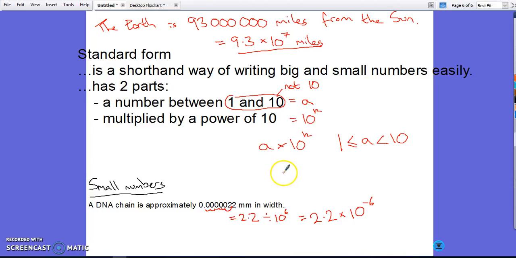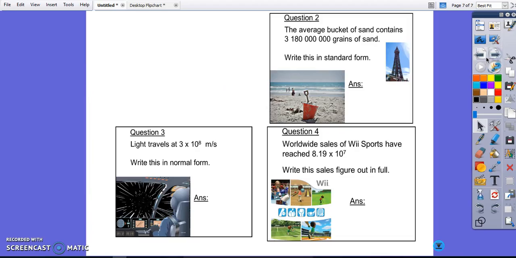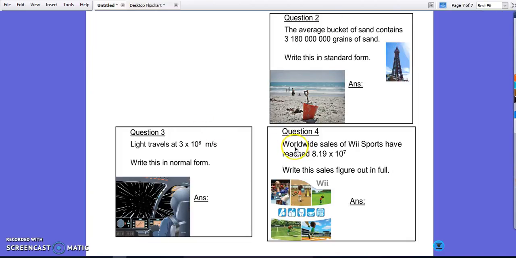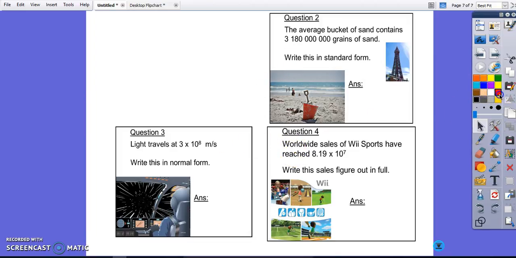I'd like you to pause the video, try them yourself, and then I'll show you the answer in the rest of the video. Okay, so these questions here, question 1 we already did, it was related to the distance between the Earth and the Sun. They all involve big numbers. So pause the video, try them yourself, and check back for the answer.